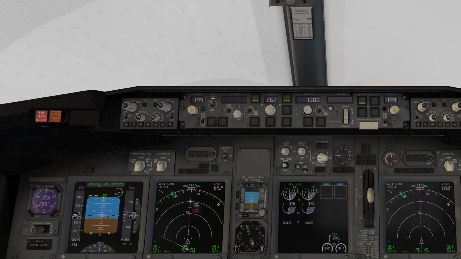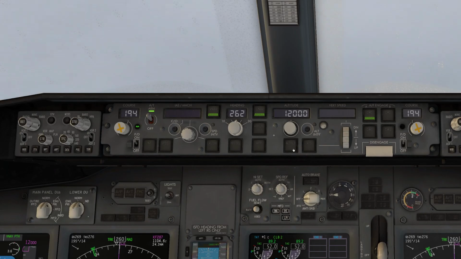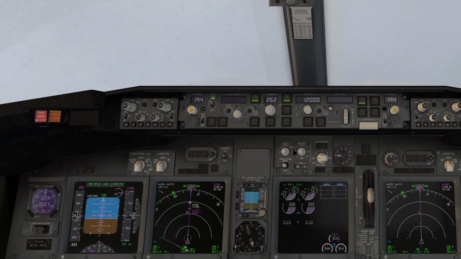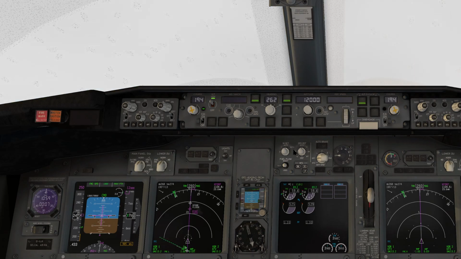The next waypoint we can climb to flight level 120. And we're staying on 070 for the time being.